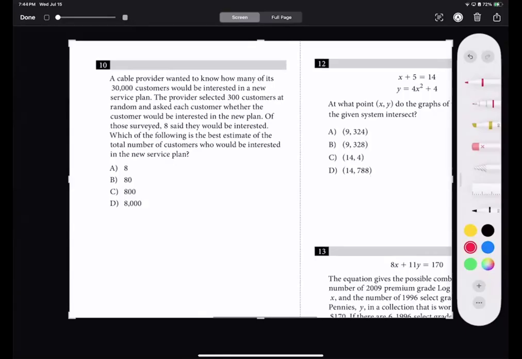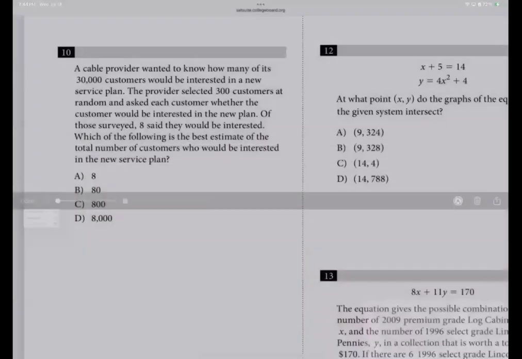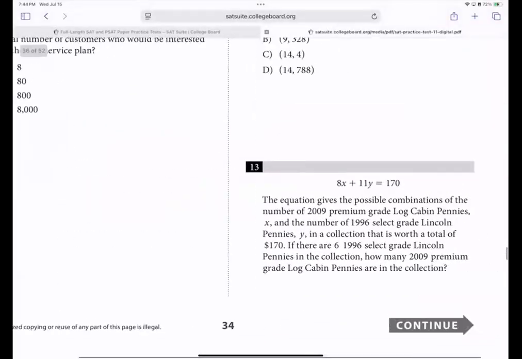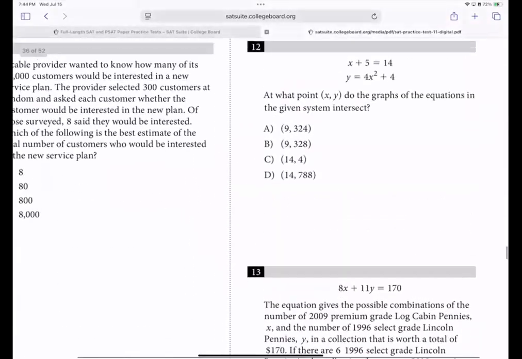So I have customers and the number interested. 300 to 8, so for 30,000 I am multiplying by 100 to maintain the proportion. Do you agree? So the expected is 800. Is that correct? I like to do it through the rule of three always.